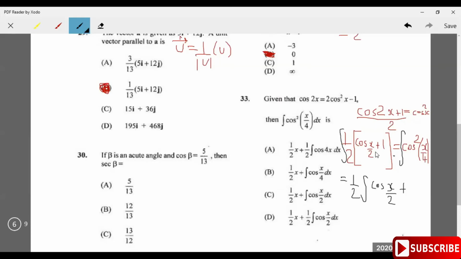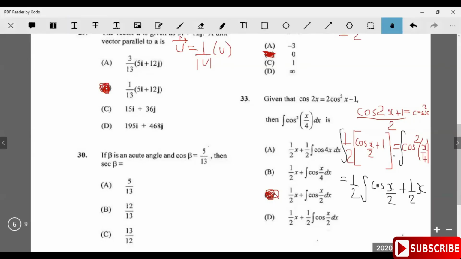But the integral of 1 is just x, and so it becomes a half times x. So that's the answer: a half cos x over 2 plus a half x, which is c. That's option D. Easy question.